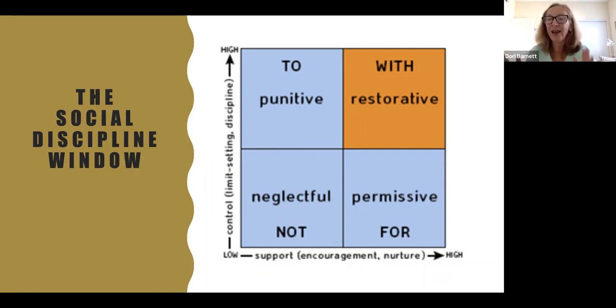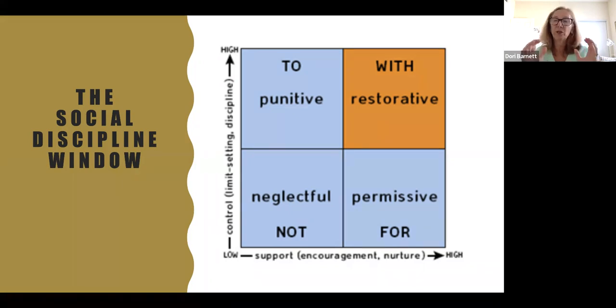They're going to say, I believe in you, but I'm also going to set limits, and I expect you to complete these requirements so that we can keep up with the class, and you can get a good grade and you can graduate. So we want to be in the restorative box where we are high on support, caring, and concern, but along with that belief in students, we have expectations, we have limits, and we set boundaries and control.